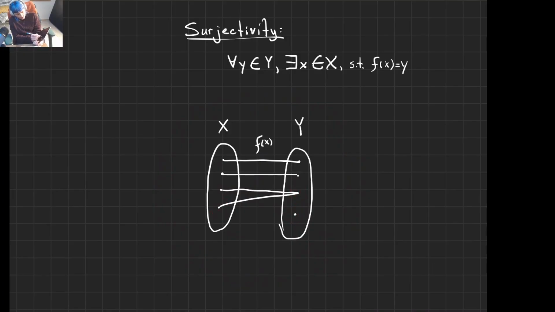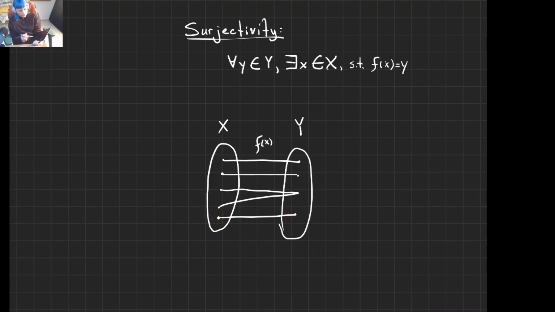So yes, we would have to have another point here which connects with this point here. So now we have adjusted this function f of x to be surjective by making sure that there are no points in the range which don't connect to some value in the domain.